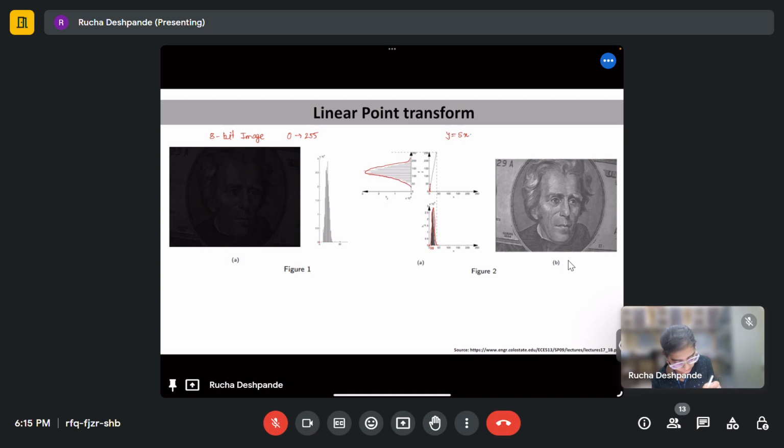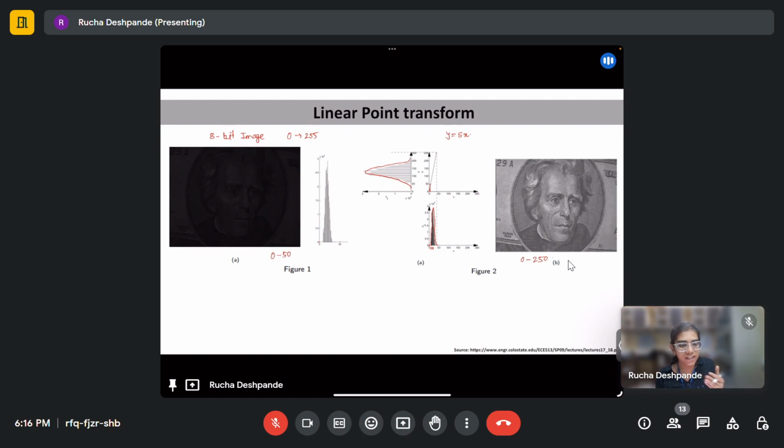In this case the range of this figure was between 0 to 50, and now it becomes 0 to 250, and we see that now this image is taking up a higher range of DN values. Because of that, the visual appearance of this image has increased.